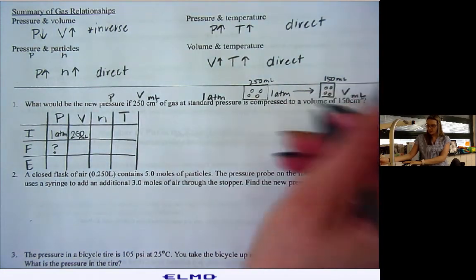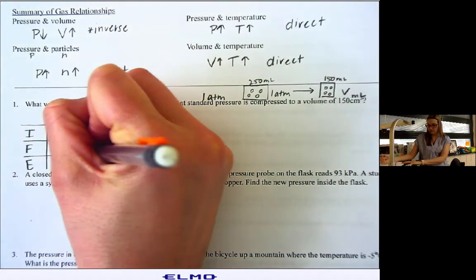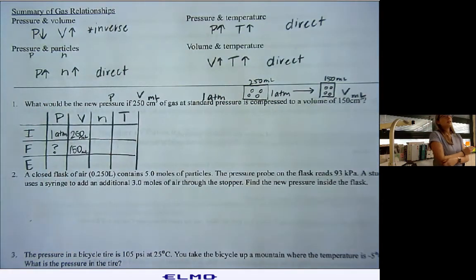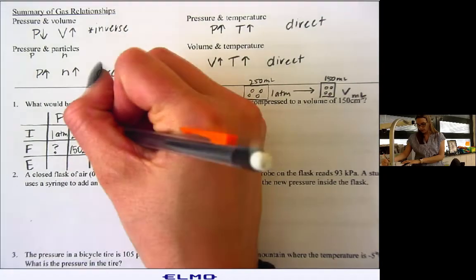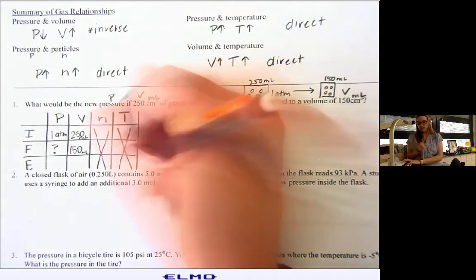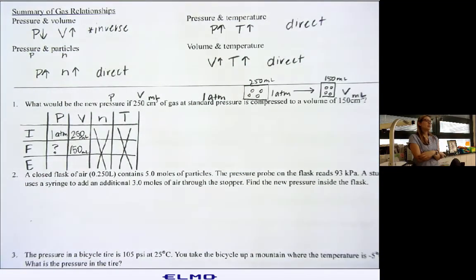Now it says that it's compressed down to 150 milliliters, so my final volume is 150. Now this problem says nothing about number of gas molecules and says nothing about temperature, so I'm going to put a big X through both of those. Number of particles and temperature doesn't matter. It doesn't say anything about it.